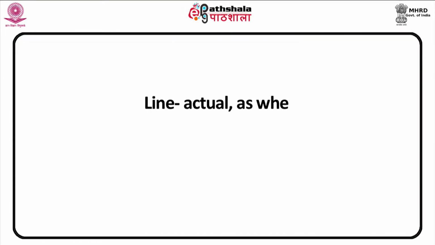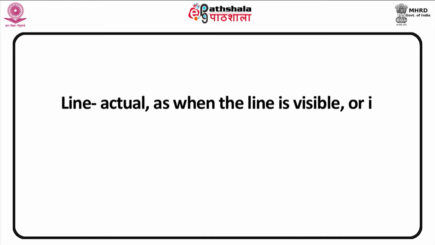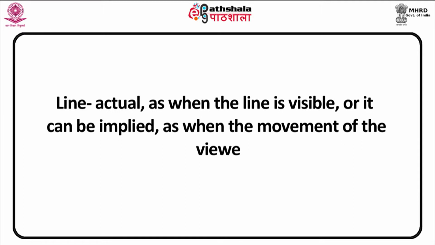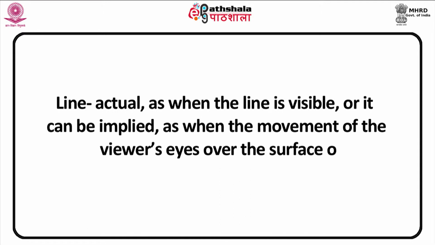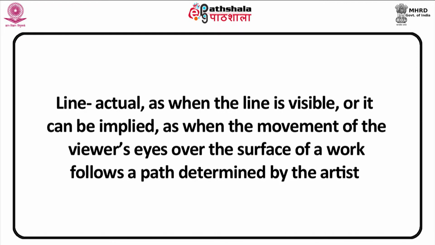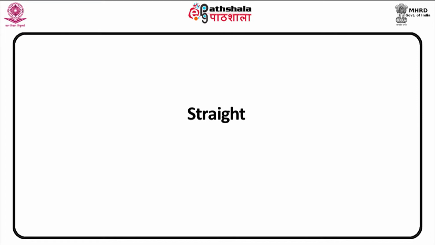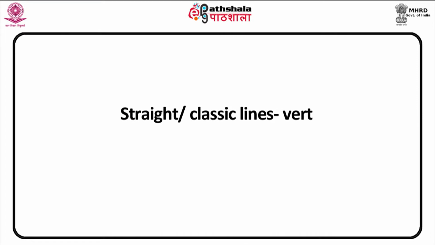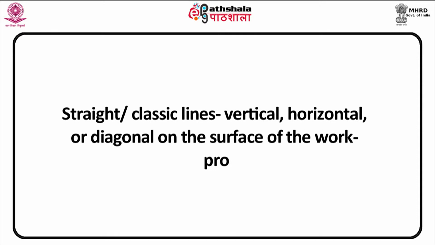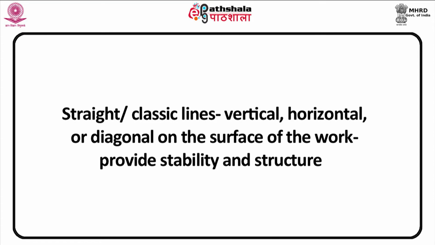Line can be actual, as when the line is visible, or it can be implied, as when the movement of the viewer's eyes over the surface of a work follows a path determined by the artist.